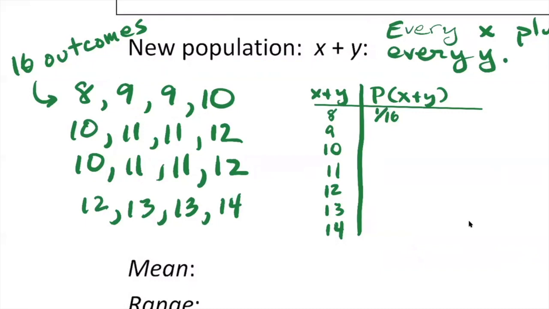So that'll be 2 out of 16. 10, there are 1, 2, 3 10s. So that's 3 out of 16. Then the 11, notice there are 4 11s. So that's 4 out of 16.